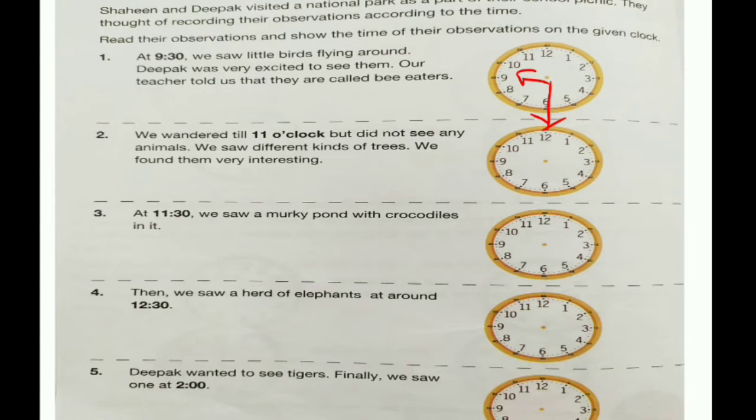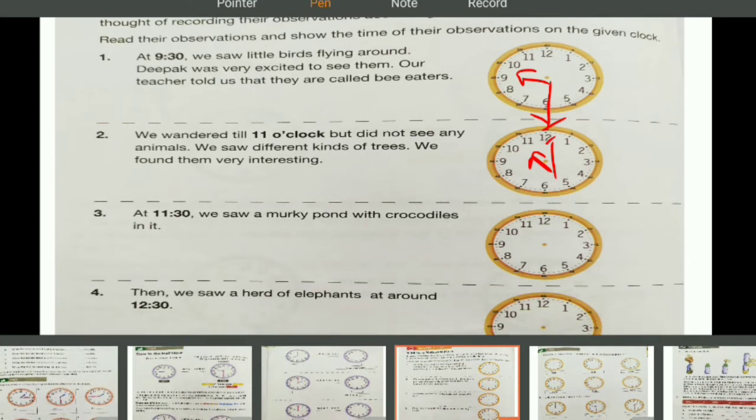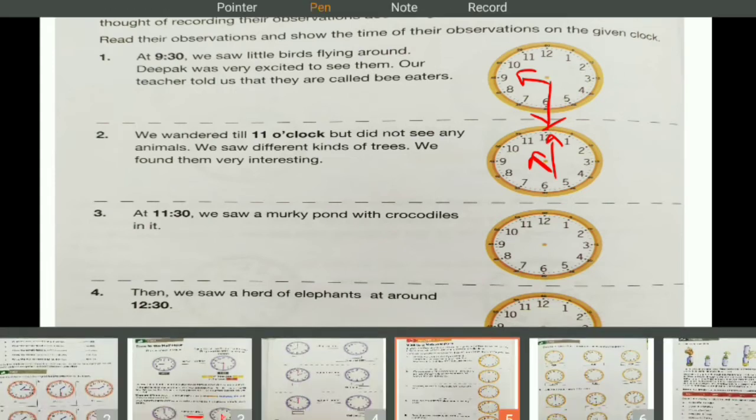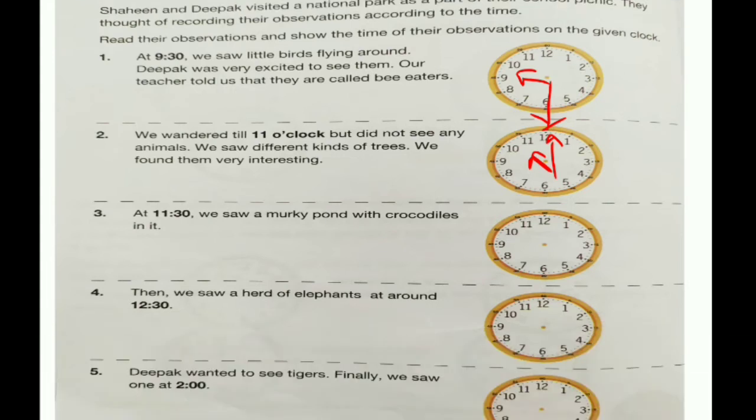Now 11 o'clock. For that you have to draw here, children, as I have explained before also. 11 o'clock means the hour hand is on 11 and the minute hand is on 12. Children, as I just told you, if you are drawing the hands for half an hour or 30 minutes, then the minute hand should be on 6, because it completes a half circle from 12 to 6.